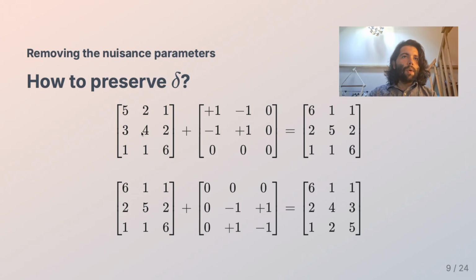I will add 1 to the 4. And since in the beginning I added 1 to this 5, I also need to subtract 1 somewhere in the first column. I will subtract from this 3 here. So you see that we get these sign patterns, and we end up arriving at some new network that preserves the same degrees.